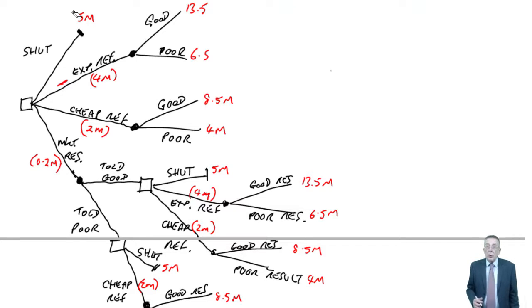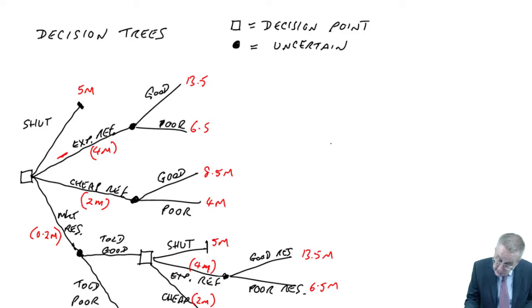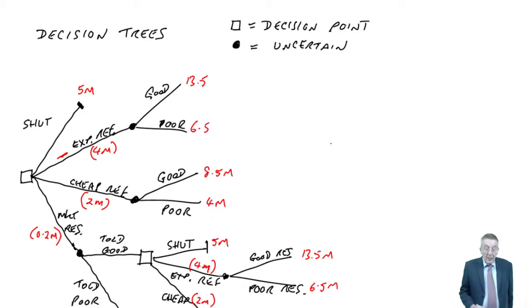well, as always, we've got these probabilities. It might be this, it might be that. And so I'll put this in a different colour to try and hopefully make it clear. Back down the tree again. Shutting is irrelevant, no probability involved, but expensive refurbishment, maybe good, maybe poor. In either case, the probability of the refurbishment achieving a good result has been estimated to be 2/3.